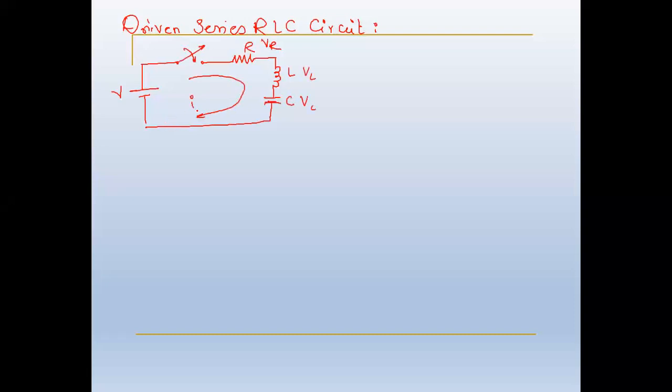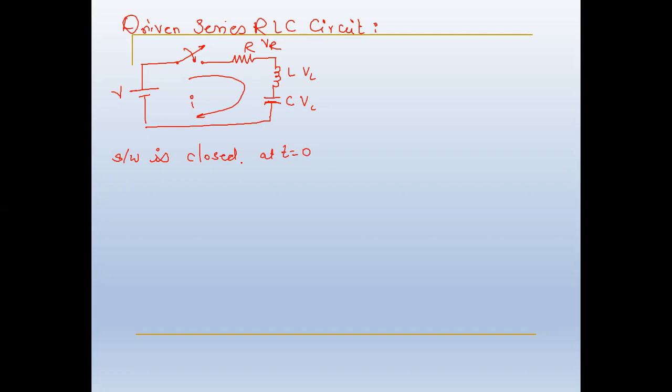So consider the RLC circuit, and the switch is closed at t is equal to 0. What is t? It is time. So we are assuming that initially there is no charge on the capacitor and inductor.